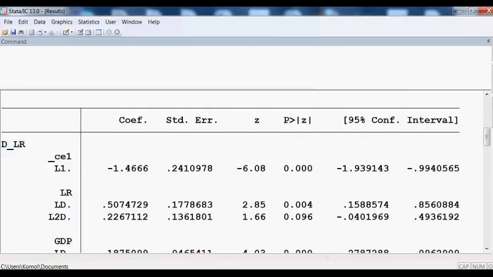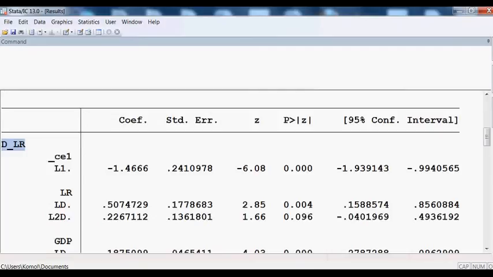Suppose last time I put LR, it has become DLR, because they have automatically converted to first difference, and the first difference data is stationary, that we have already assumed, and here we need stationary data in the error correction model.